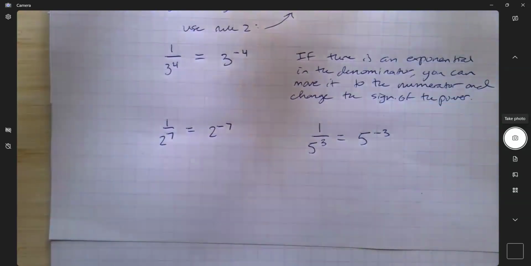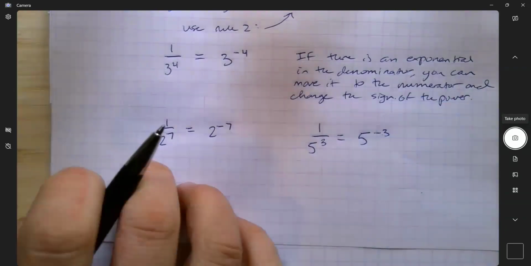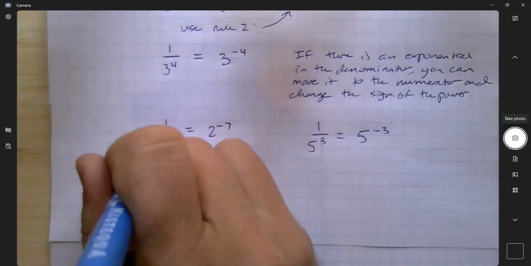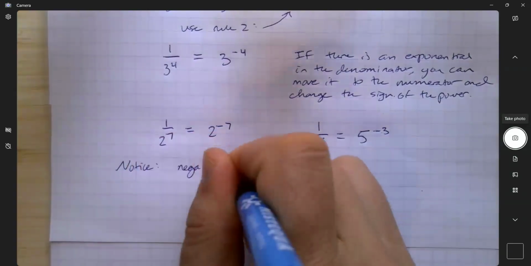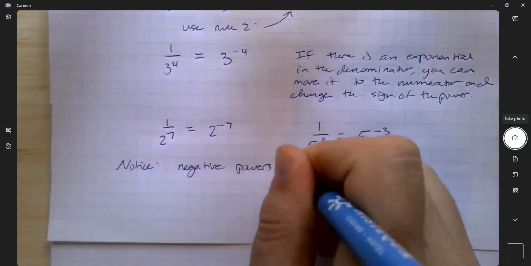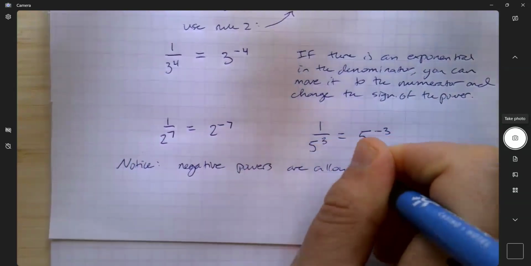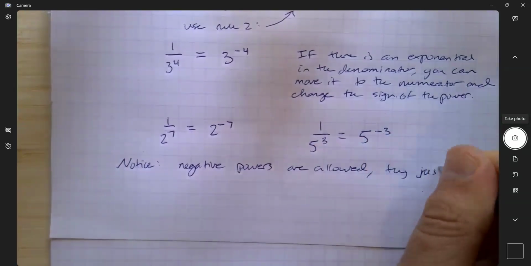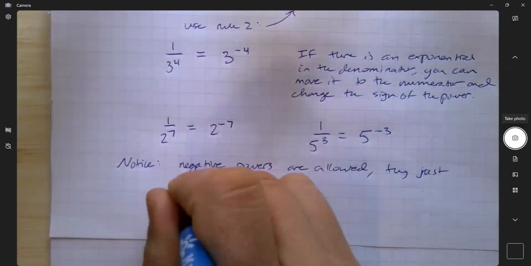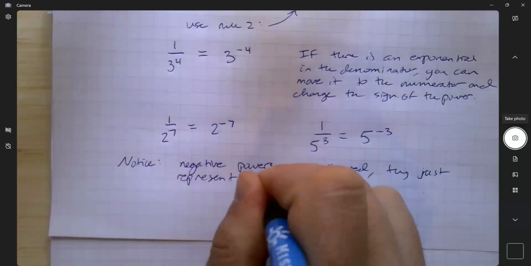Now, this rule works even if the power is negative. By the way, notice negative powers are allowed. They just represent division.